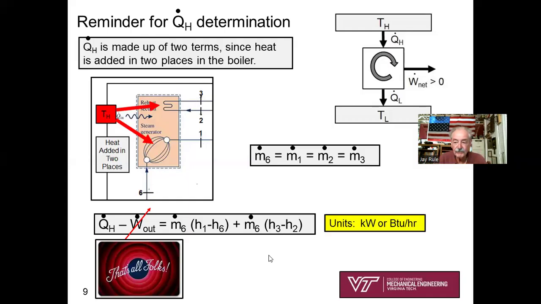I hope you've got this first law nailed for an open system, multi-inlet, multi-outlet. And you say, I think I'm catching on to this, and maybe I see why I'm being assigned these difficult problems, because it's giving me repetition on using the first law to analyze thermal systems. Okay, I hope that helps you set up your homework problem when you're assigned a steam power plant with reheating the steam.